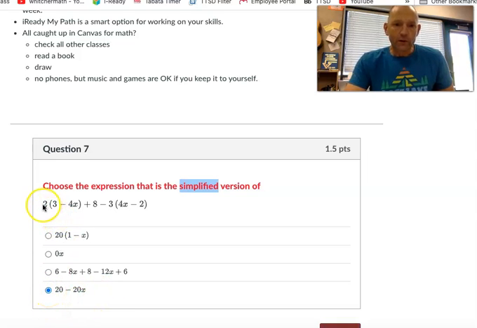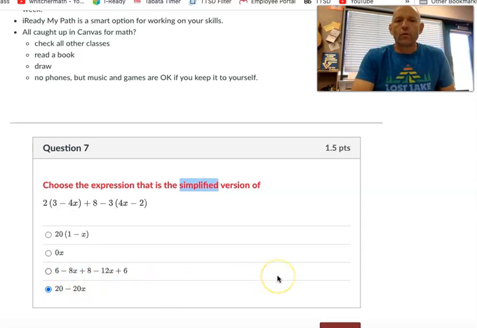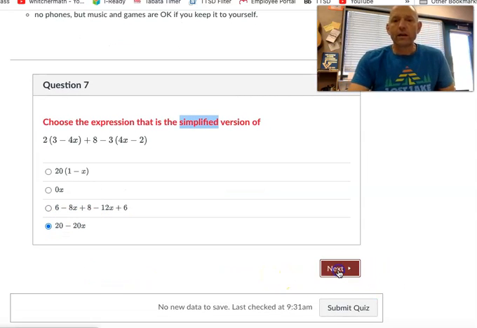Let's get our x variable terms. 2 times -4 is -8x, and -3 times 4x is -12x. So if we add -8x to -12x, we get the -20x that you see right there. Okay? Of course.